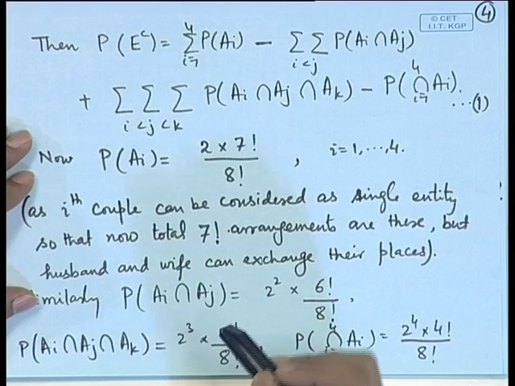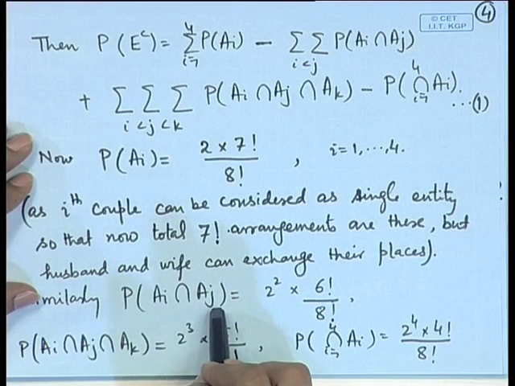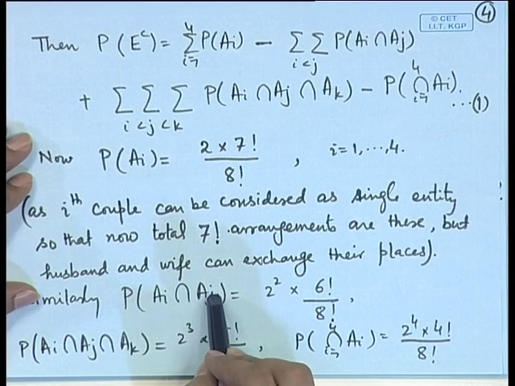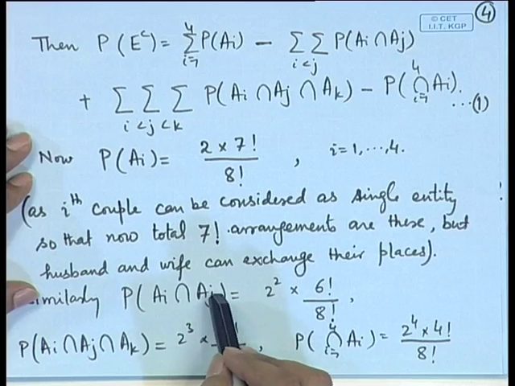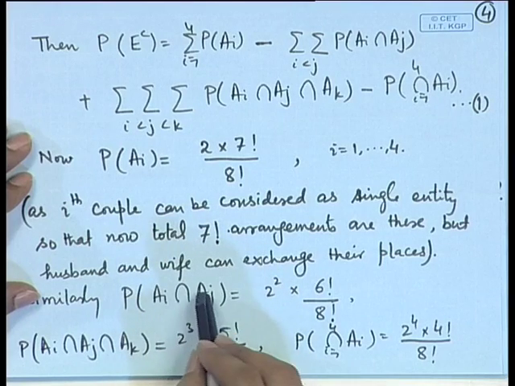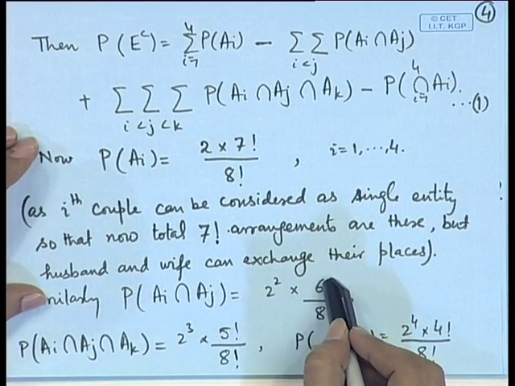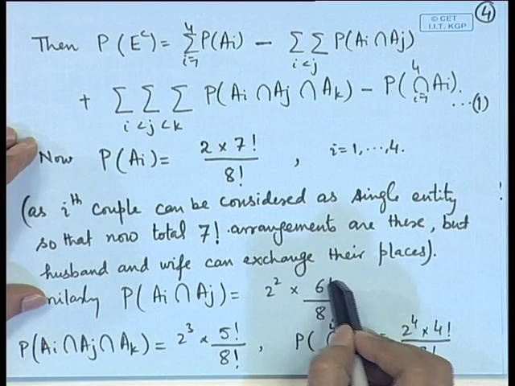Now, if we extend this argument and consider the event A_i intersection A_j, that means I am saying the ith couple and the jth couple sit together, and we are not concerned about the other couple. So, there are 4 persons left plus 2 couples, which will be treated as 2 entities. So, there will be 6 entities, and these can be arranged in 6 factorial possible ways.